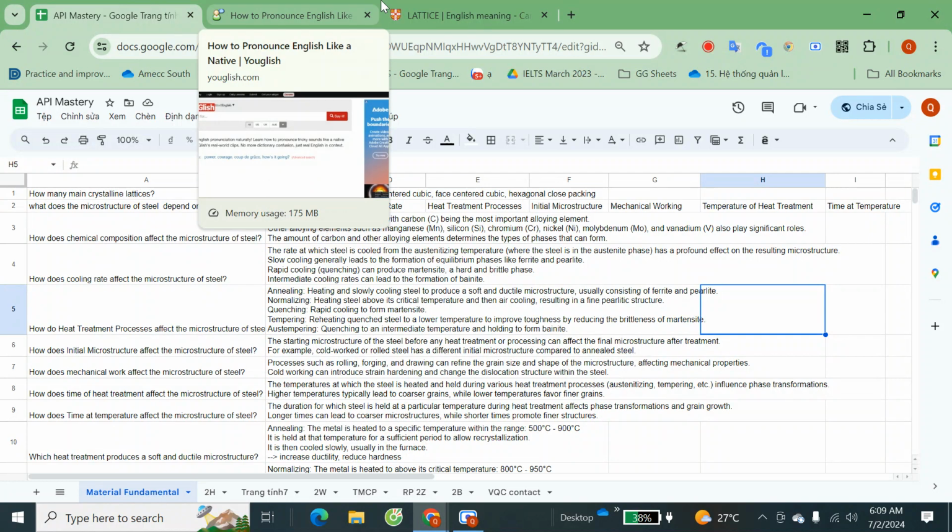How does mechanical work affect the microstructure of steel?